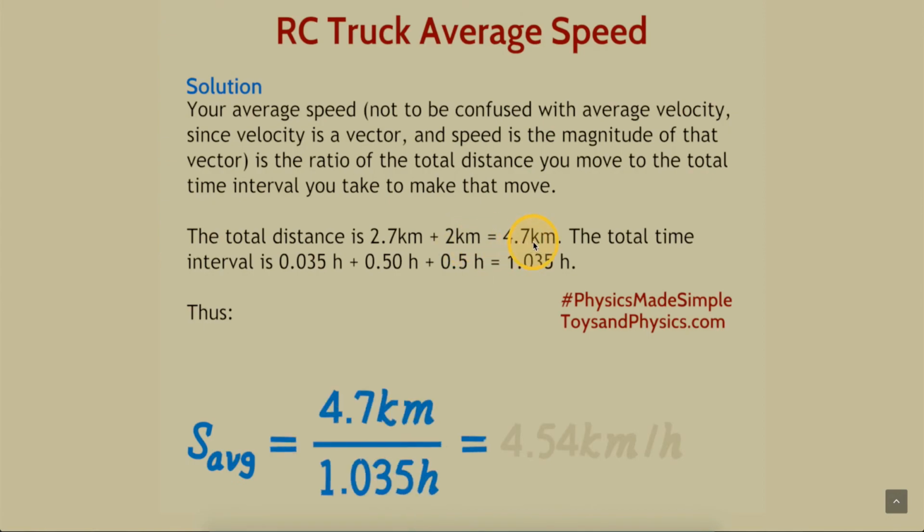So the total distance will be 4.7 kilometers. Now the total time interval would be 0.035 plus the half of hour you walked, plus another half of hour that you walk back to the RC truck. If you add all these quantities, you'll have a bit more than an hour. And if you get the ratio of these two quantities, you get an average speed of 4.54 kilometers per hour.